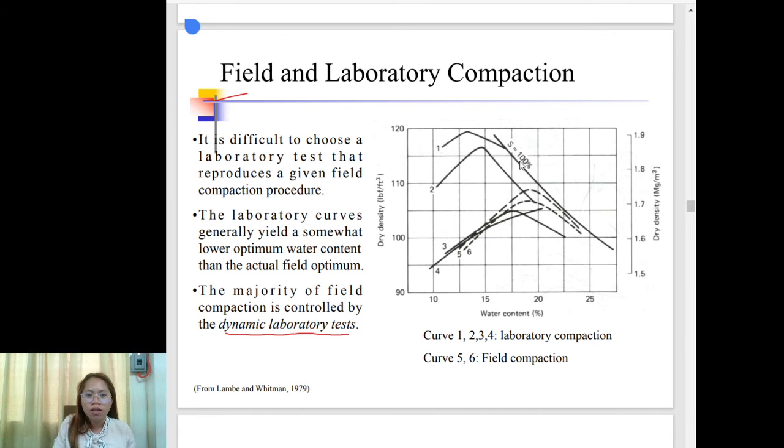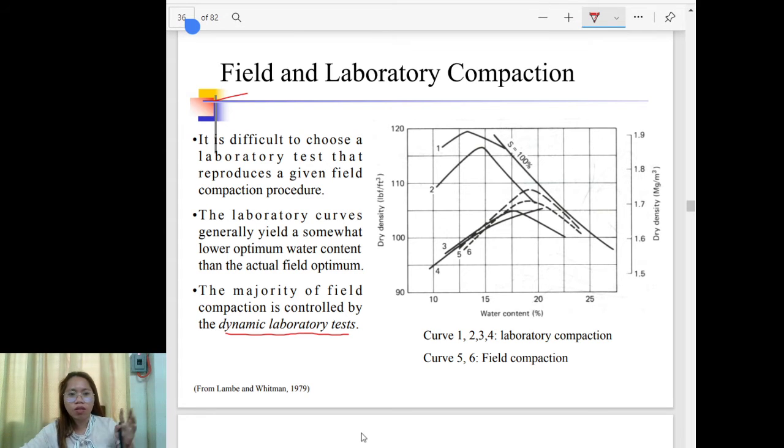So you can see that the laboratory curves yield a lower optimum water content than the field compaction. This dash line represents the field compaction.